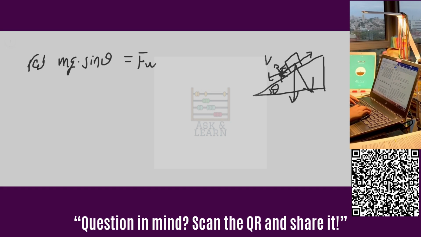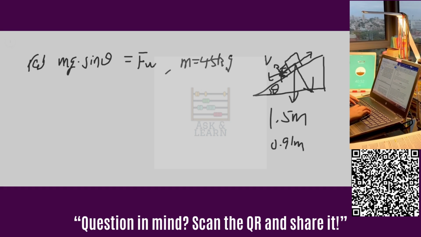And you can plug in the values. So m is 45 kilograms, and g is the gravitational constant. Theta, we do not know theta, but we know the geometry factors of the incline. So the length of the incline is 1.5 meters, and the height of the incline is 0.91 meters.